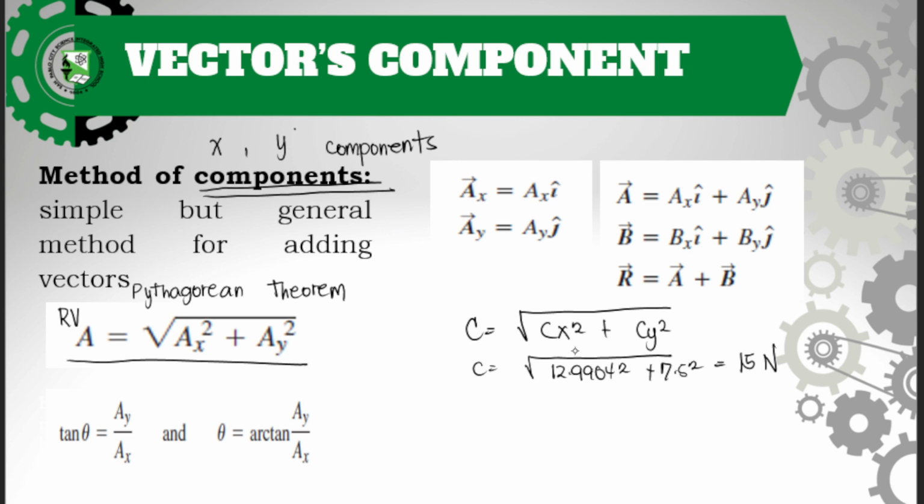So if we're going to plot this on the Cartesian plane, this is y, this is Cy, because it is positive 7.5.